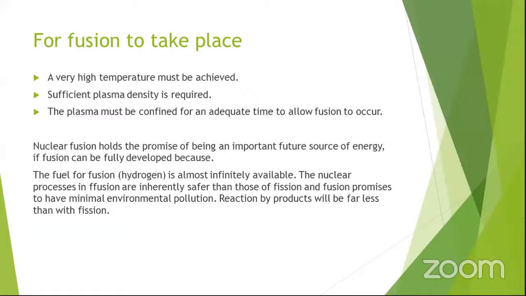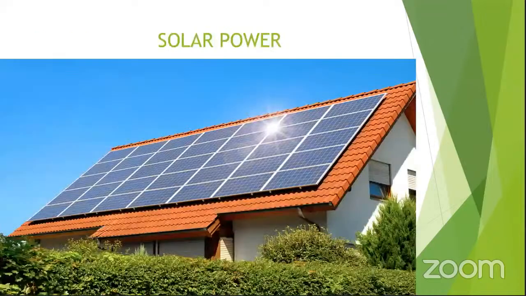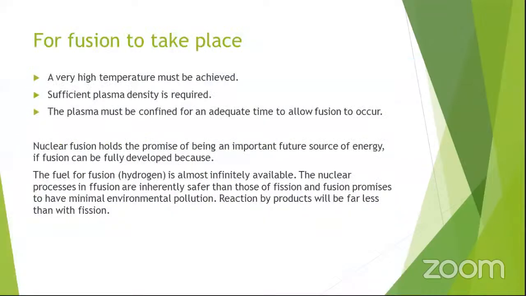For fusion to take place, high temperature and sufficient plasma density are required. The plasma must be confined for an adequate time to allow fusion to occur. So this is about nuclear fusion. Up to here, these are conventional resources. Solar energy and the like are non-conventional resources.